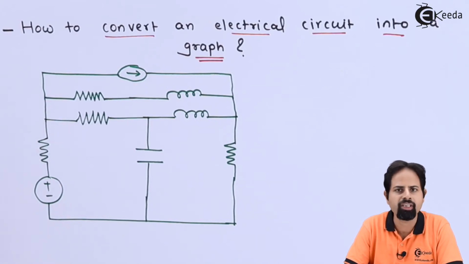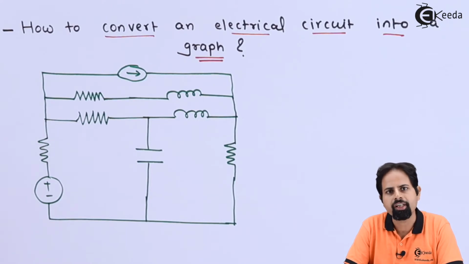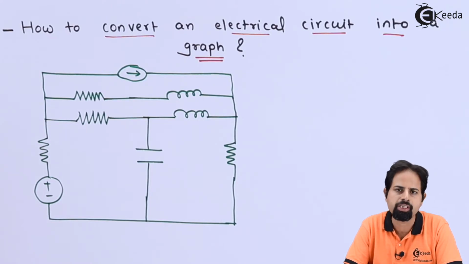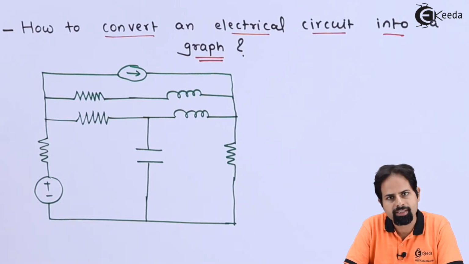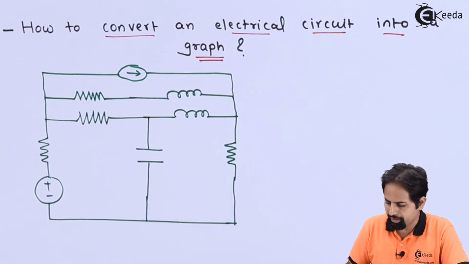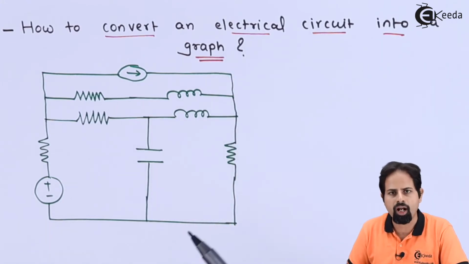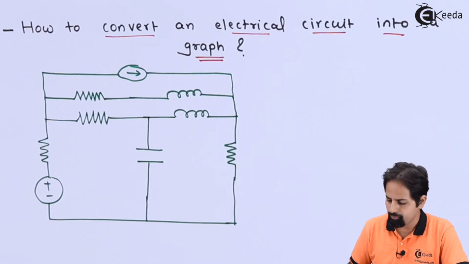We will be provided with an electrical circuit consisting of resistance, capacitor, inductor, or voltage source. In graph theory, the first very important step is to convert it into a graph. For that, we'll take one example. Here you can see I have drawn one circuit, and we have to convert this electrical circuit into a graph, which is the starting point.